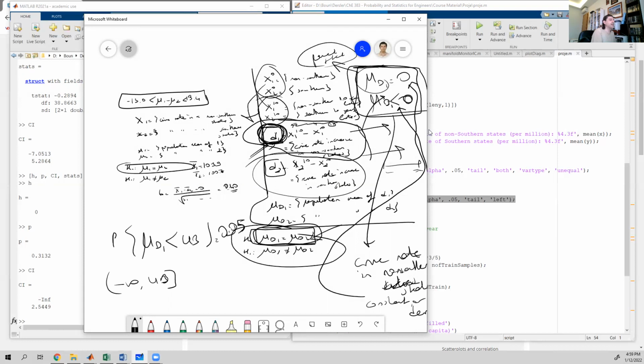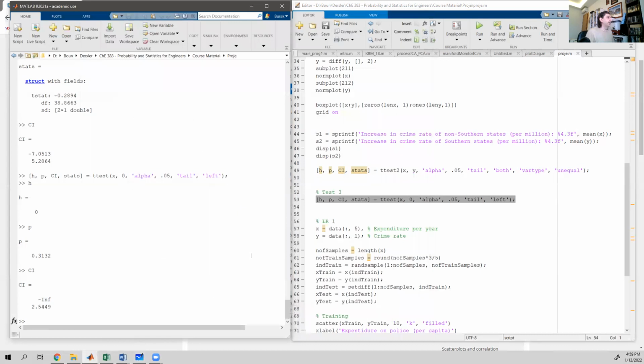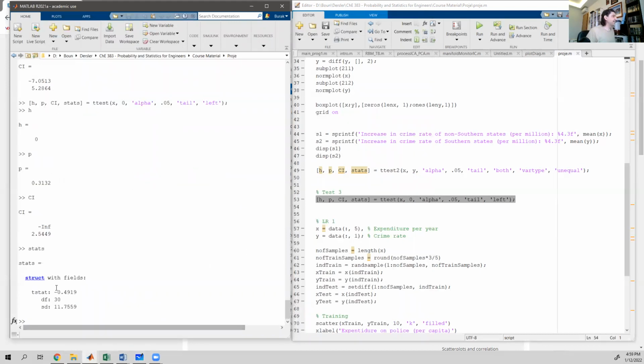If this upper bound contains 0, then we won't be able to reject the null hypothesis, and that's exactly what happens here. You can see that this t-stat is minus 0.5.